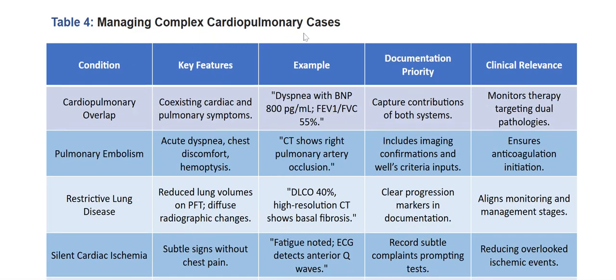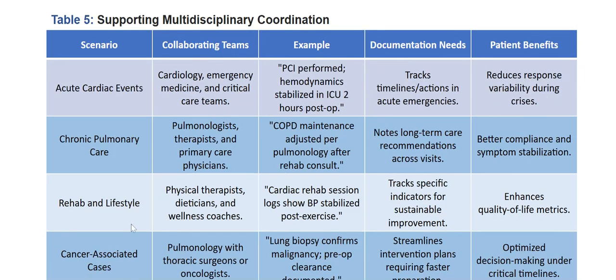Table on managing complex cardiopulmonary cases: condition, key features, example, documentation priority, clinical relevance. Cardiopulmonary conditions, we have cardiopulmonary overlaps, pulmonary embolism, PE, restrictive lung disease, silent cardiac ischemia, combined heart-lung surgeries.